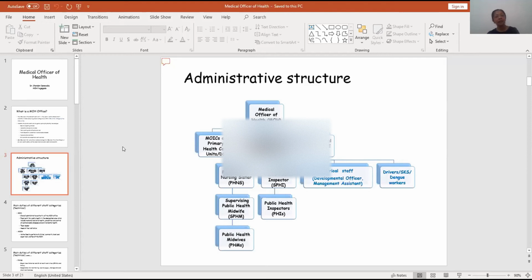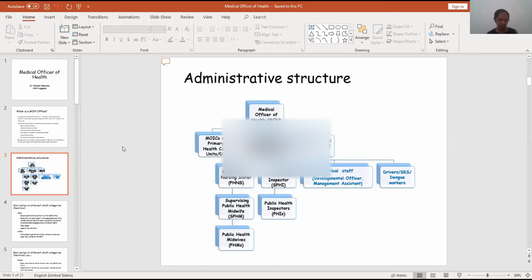Under the MOH, there are primary health care units, central dispensaries, the MOICs, and community dental clinics where there are dental surgeons, and in school dental clinics, there are school dental therapists and health entomological officers.